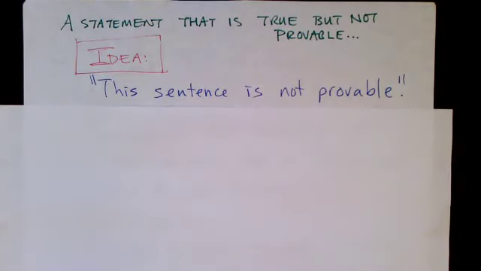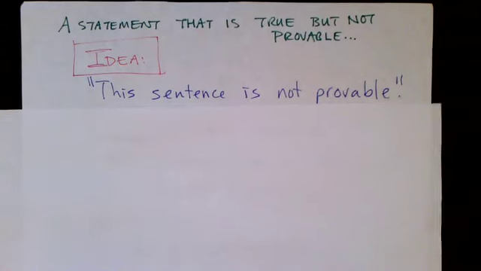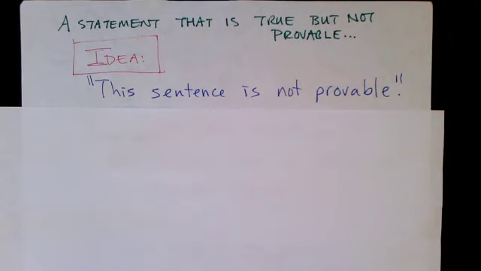Imagine the following sentence as a statement of fact. This sentence is not provable. Well, if that statement is proved, it would not be true. So it can't be provable. Okay, this sentence is not provable is correct if we can't prove it. Okay, if we can prove it, then the sentence is false.